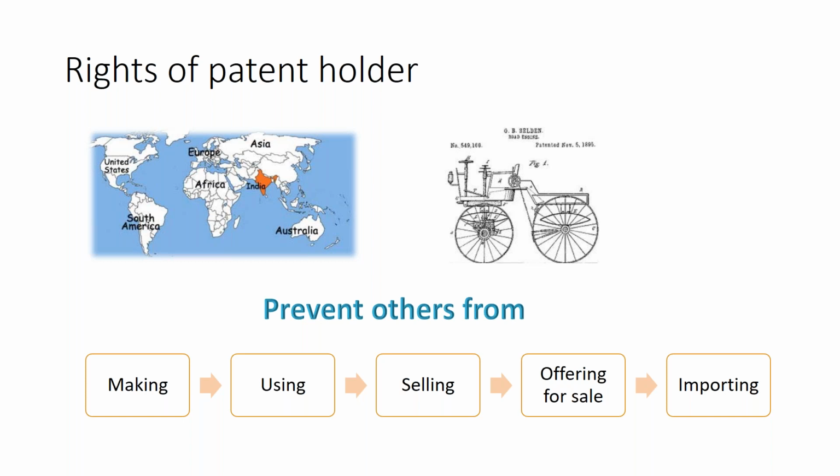I'll just summarize this. Patent rights are territorial. An Indian patent is valid only in India. If you have an Indian patent, you have negative rights that you can prevent others from making, using, selling, offering for sale, and even importing that product in the territory of India. Now, in Indian patent law, there is no specific definition given for infringement of patent rights.